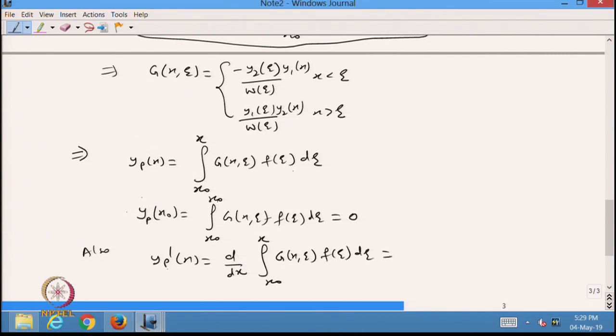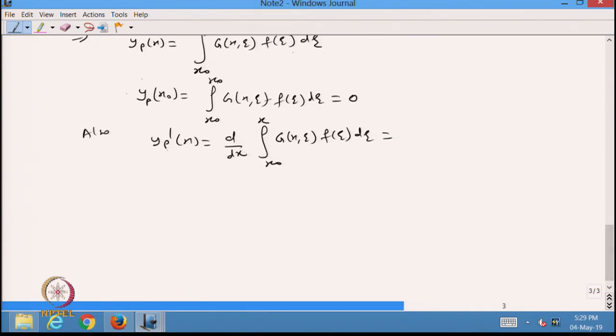With the help of the Leibniz theorem, this can be written as the integral from x naught to x of del g by del x times f(xi) d xi, plus, putting the value of x in place of xi, g(x, x) f(x), and x naught is a constant.